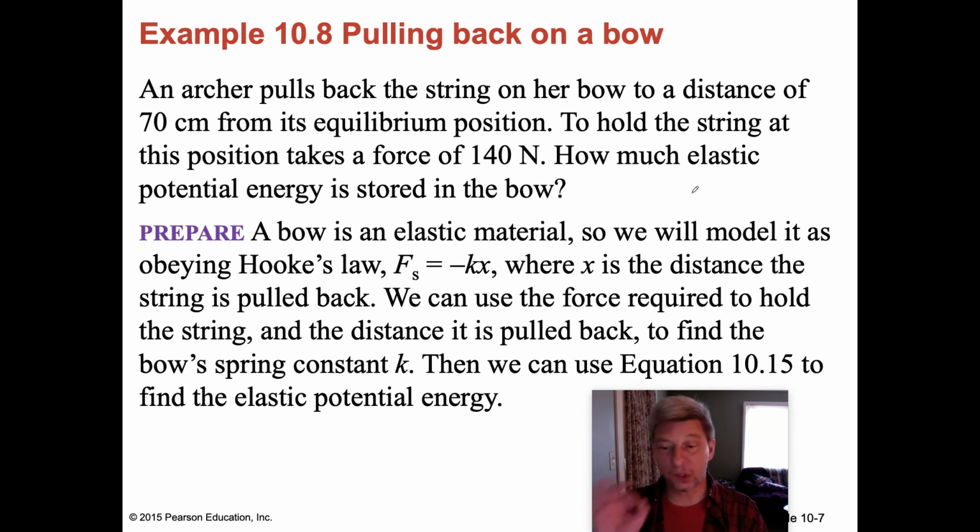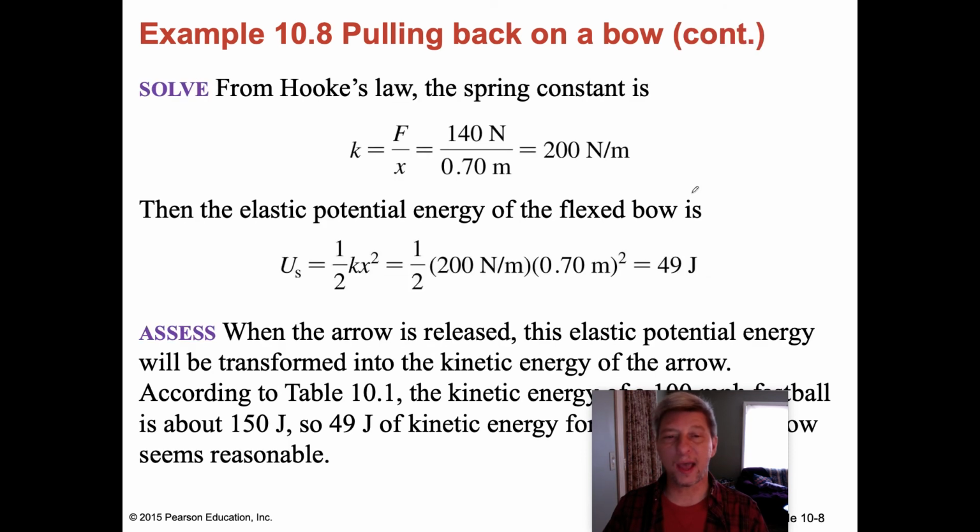So we have to start with Hooke's law here. So F sub s equals negative kx. We rearrange this algebraically to solve for k. We know that the force is 140 newtons. The value that we stretch the spring, you notice I converted this to meters here, is going to give me a value for the spring constant of 200 newtons per meter.